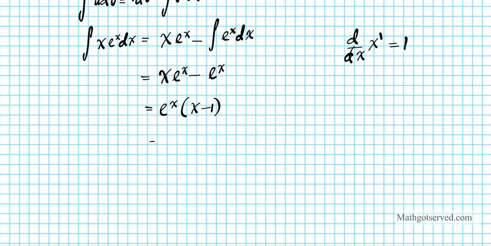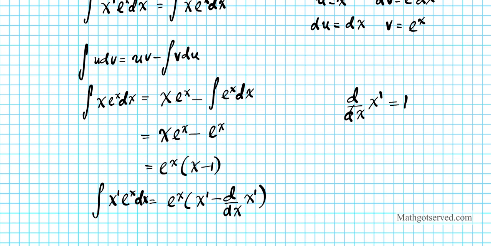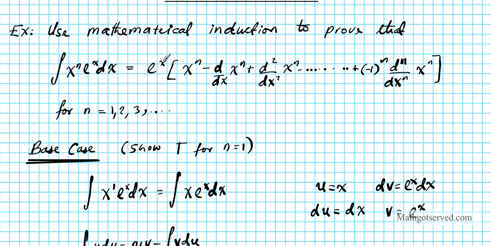Okay, so I can express this as e to the x times x to the 1 minus the first derivative of x to the 1, as the integral of x to the 1 e to the x dx. And that is exactly what you get if you plug in 1 into this statement.